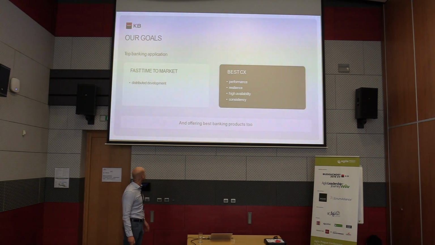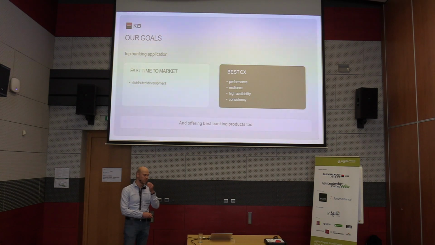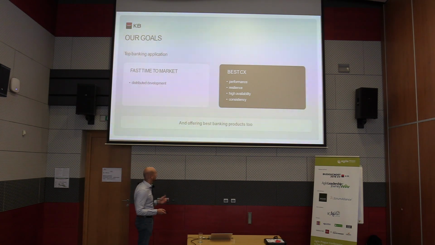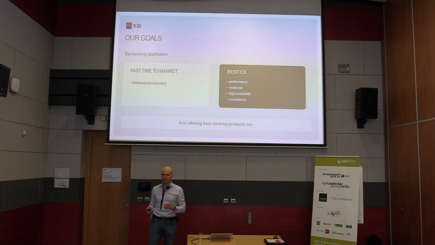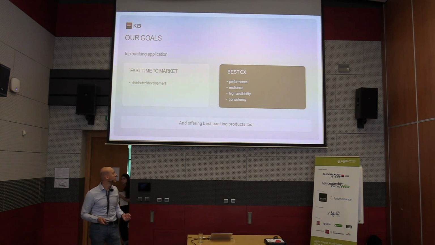If we break down these motivators, it boils down to the fast time to market, which really implies distributed development. Originally, the old banking was maintained by one huge team, and now we wanted many teams to work on it. And regarding the best customer experience, it also means, for example, we wanted to provide the best performance. I mean, a customer would not be really happy if the banking system is slow.